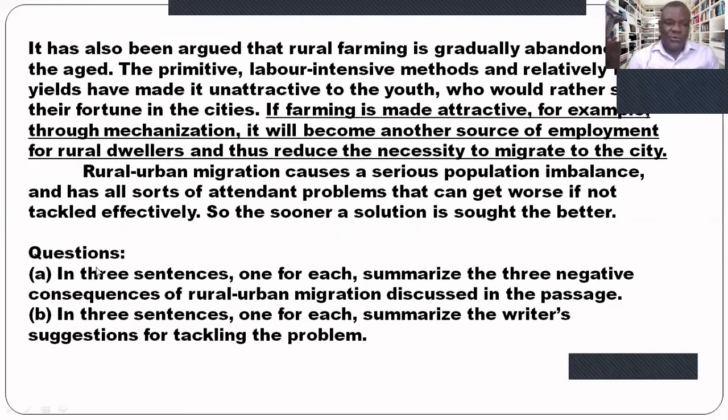All right, so again, what we need to do now that we have extracted the ideas is to reconstruct these main ideas we have extracted into our own sentences. We change them to our own words.